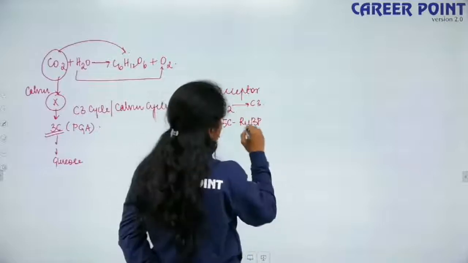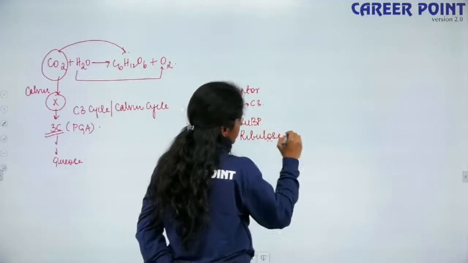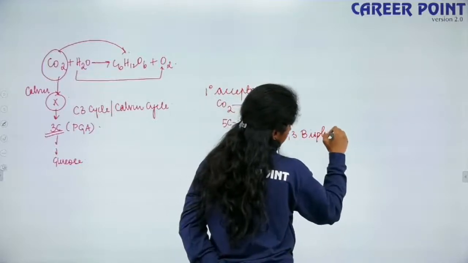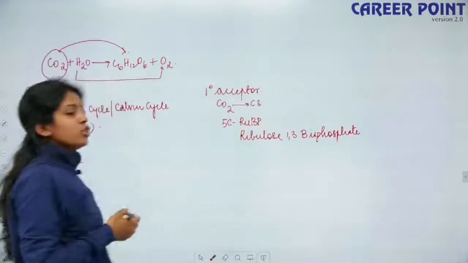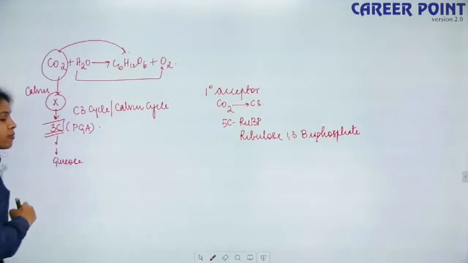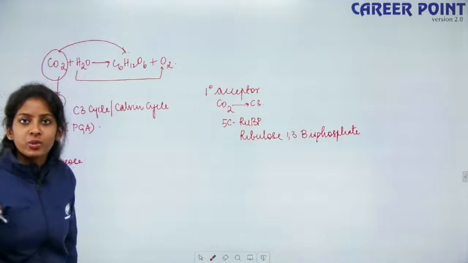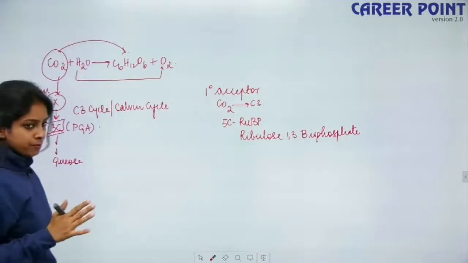RuBP stands for ribulose 1,5-bisphosphate. This is what accepts your carbon dioxide and forms the first stable compound, phosphoglyceric acid, which is further reduced down into glucose. Alright, so this is your C3 cycle.